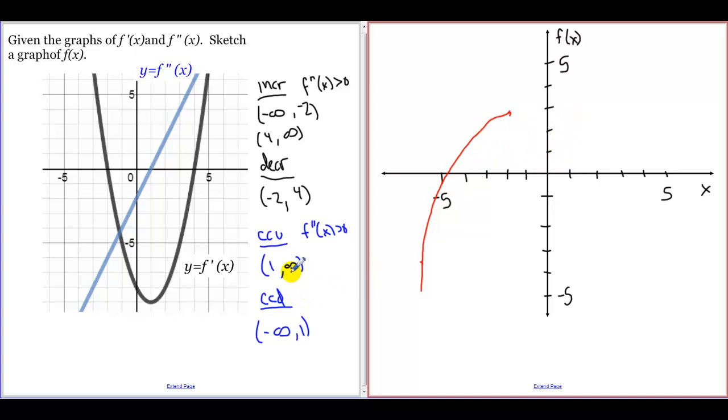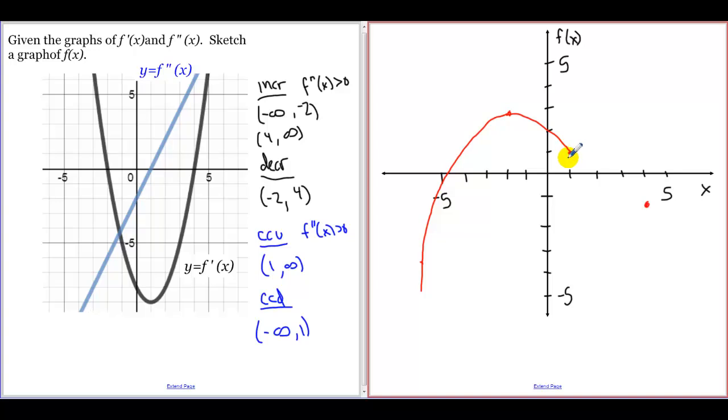So at 1, I change concavity. So I'm going to put a little point. At 1, I'm decreasing to that point but concave down. So decreasing concave down. Then at 1, I change to concave up again, but I'm still decreasing all the way to 4. So I'm going to put some sort of point. It doesn't matter where my y coordinates are. I'm just guessing as to where those are.